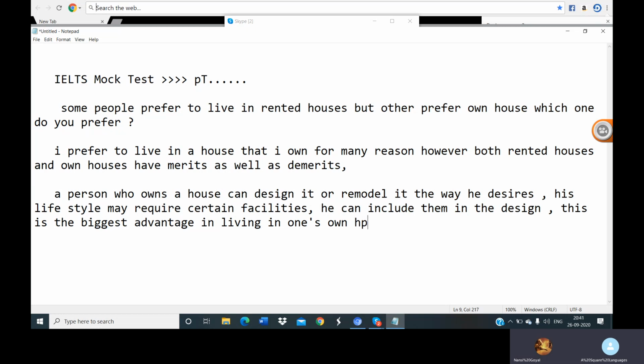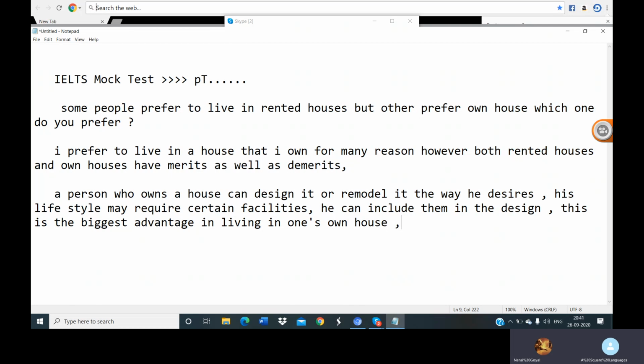If you use vocabulary like "one's own house", it gives a good impression to the examiner, showing you have a sense of the English language, because you are talking about an individual person, not about yourself.